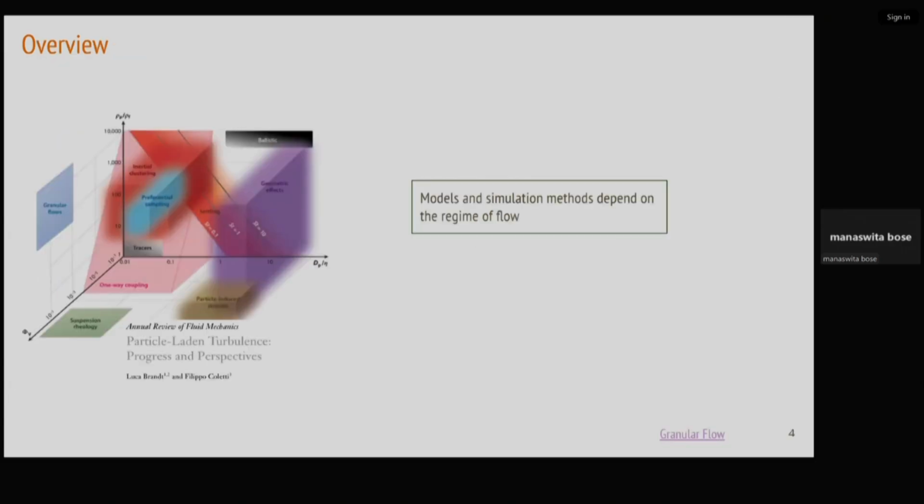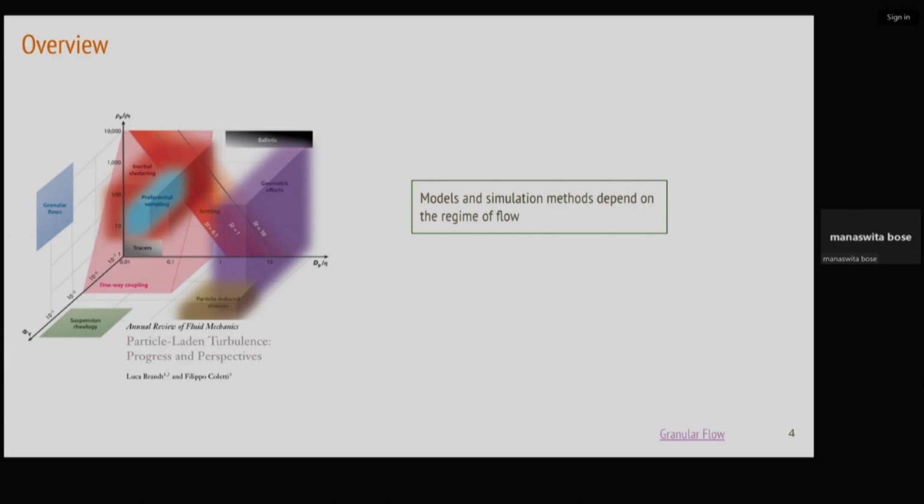Now, when we start with the overview, I thought of presenting this phase diagram to begin with, and tell you what we mean by multiphase flow in the very first place, because that's a wide area, and then from there we will move to the gas solid system, right? So what do we see on this figure?